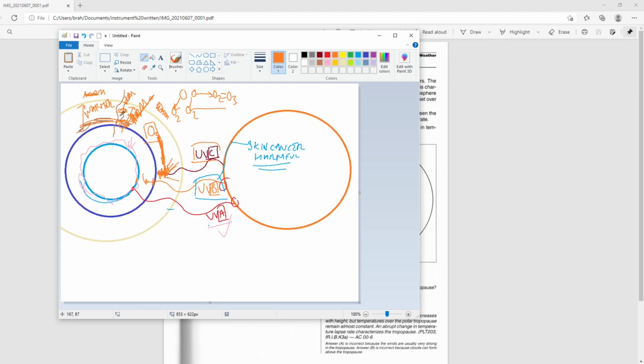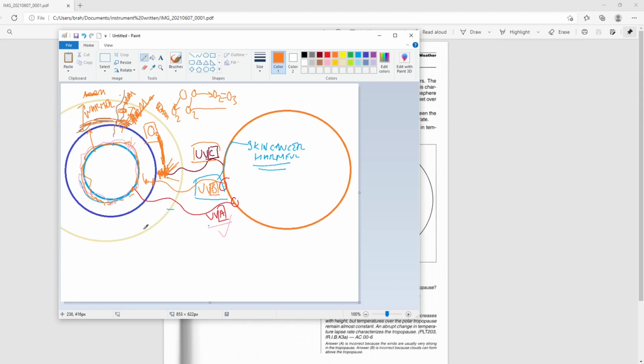Okay. Now, at the troposphere level, there's going to be an opposite effect where you're going to get colder as you move up, because that heat that was brought in from the UVA ray is only radiating near the surface of the Earth. So you get that warmth here.